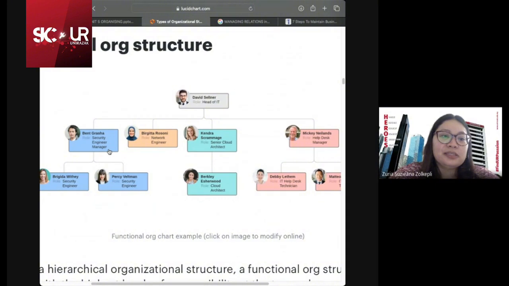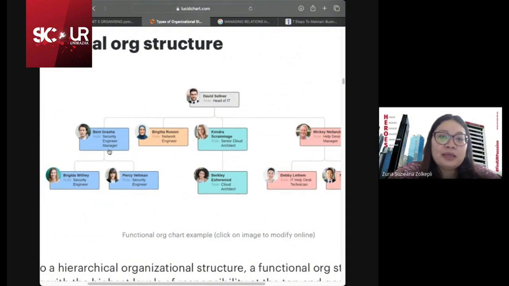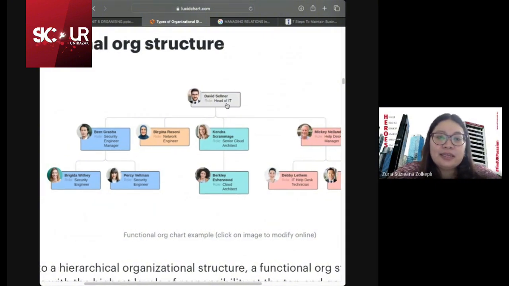For example, here, under head of IT, it is actually divided into or assigned, okay, security engineer, network engineer.